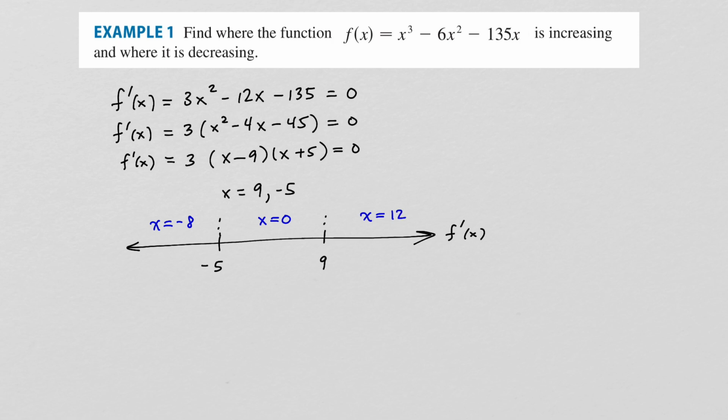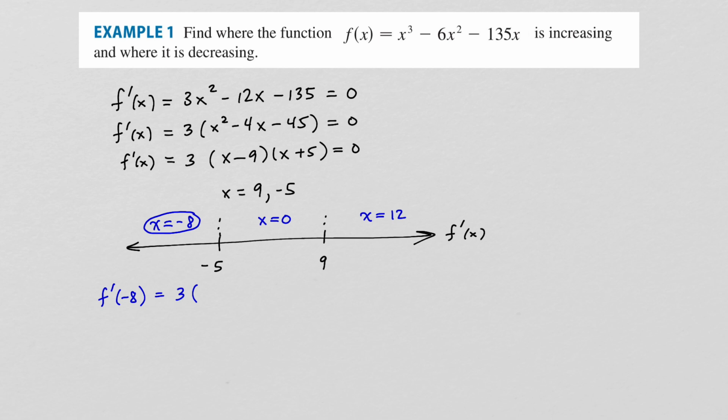Now we're simply going to plug each of these test numbers into our derivative. And I recommend you plug it into the factored form because it is easier. So for example, if we use the test value x equals negative 8, we want to know what is f prime of negative 8.